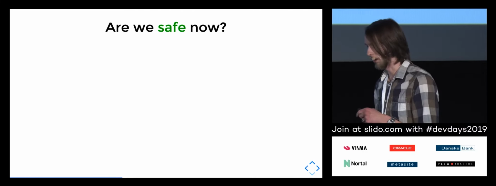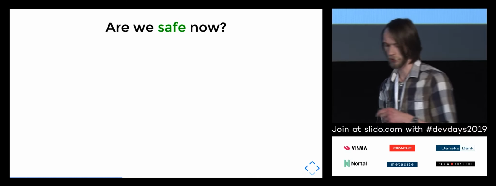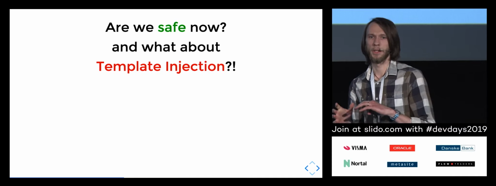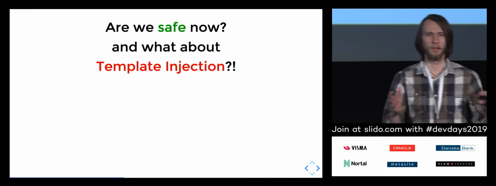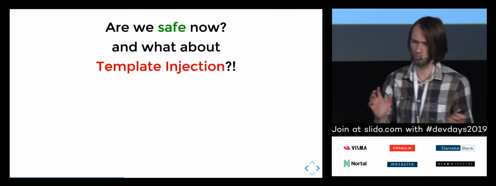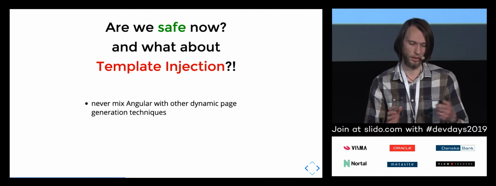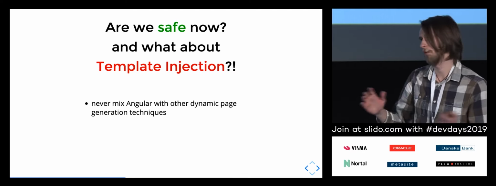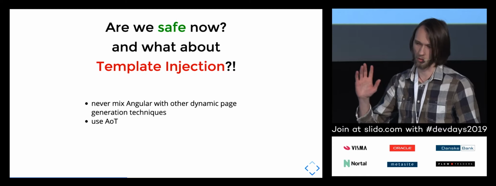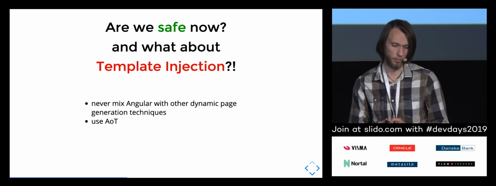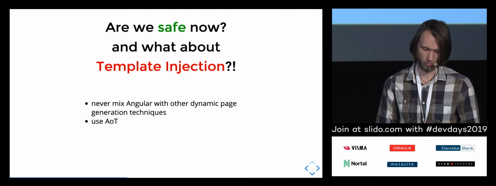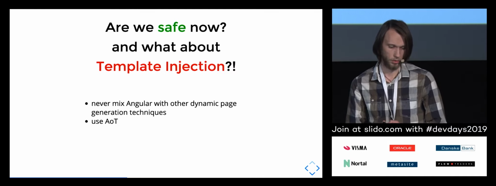And even with Angular, we have some problems if you do some kind of magic on the server side and you would like to create templates on the fly. Again, it's bad practice, and luckily it's not used anymore, and with ahead of time compilation we also basically skip this problem, but still for some old versions you should know.